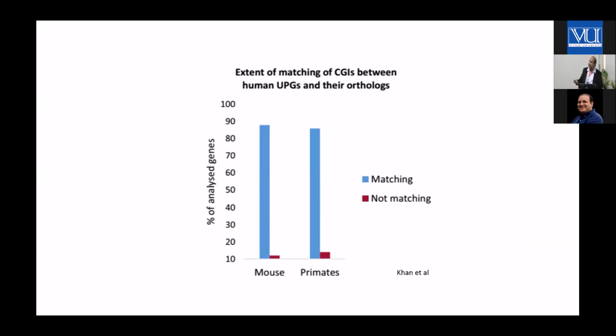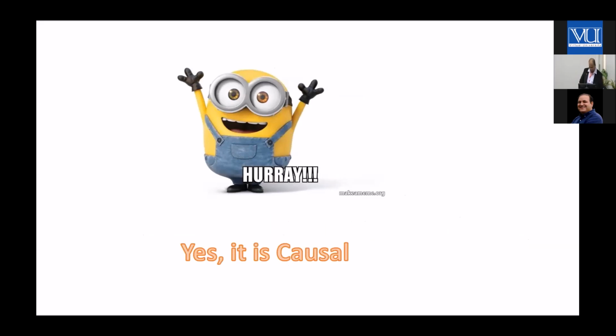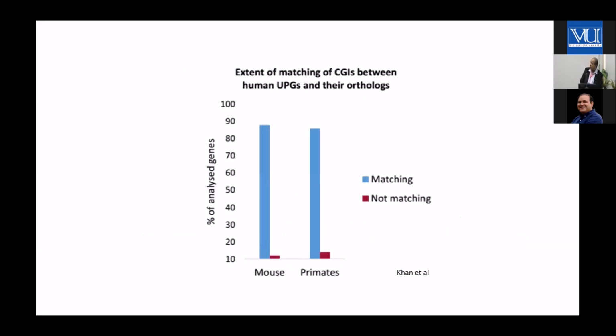And this is what we saw here. You can see the matching of CGIs between us and the mice, in functional orthologs and in UPGs, is around 90%.